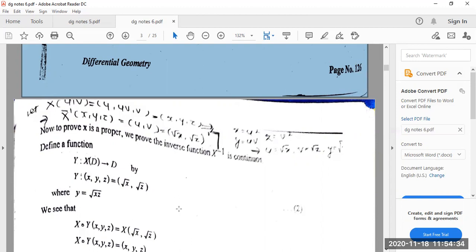It will be a function from x of D to D, as we defined earlier. Let us write y of x, y, z equal to some root x or root z.